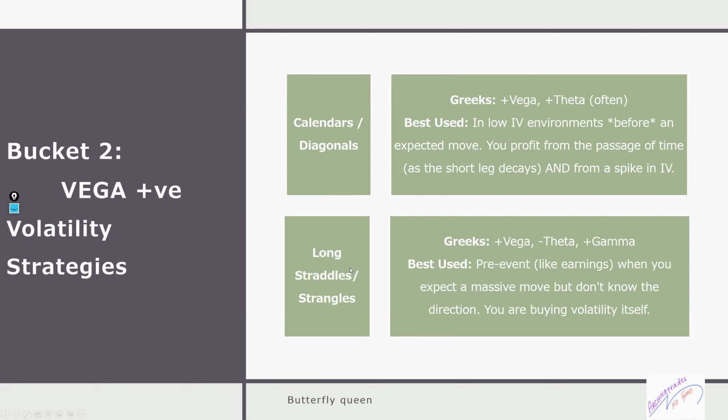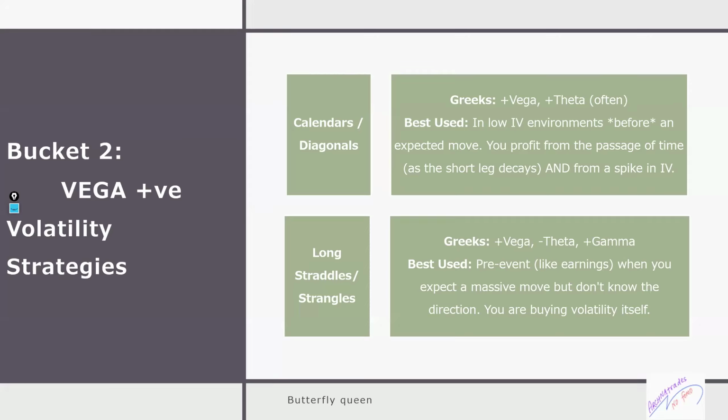Then when you know that there can be big events, Tesla was going to have the board meeting today for Elon Musk's package. You don't know what the vote is going to be, and you don't know what the reaction of the market is going to be. But you think Tesla is going to have a big move, either up or down. You don't know which. So then you buy a long straddle or a long strangle, where you are using positive Vega because of the unknown.